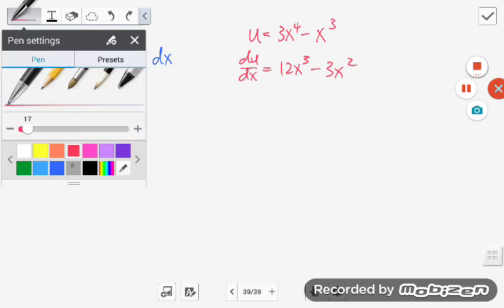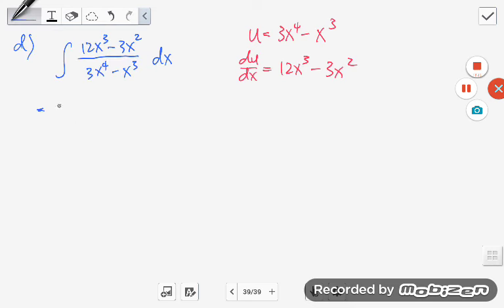So now I can change the whole thing and continue with this. The 3x to the power of 4 minus x cubed becomes my u, and my numerator is my du/dx, and I have a dx outside, right? So this is the same thing as finding the integral of 1 over u, du/dx, and then dx.